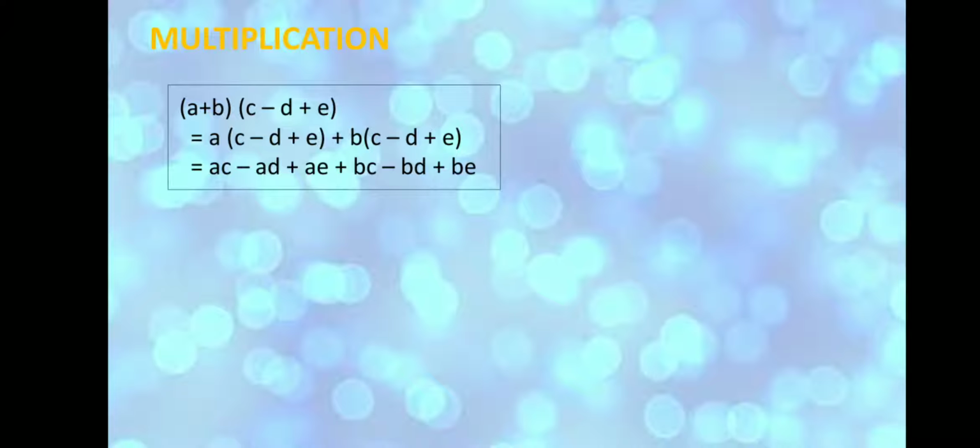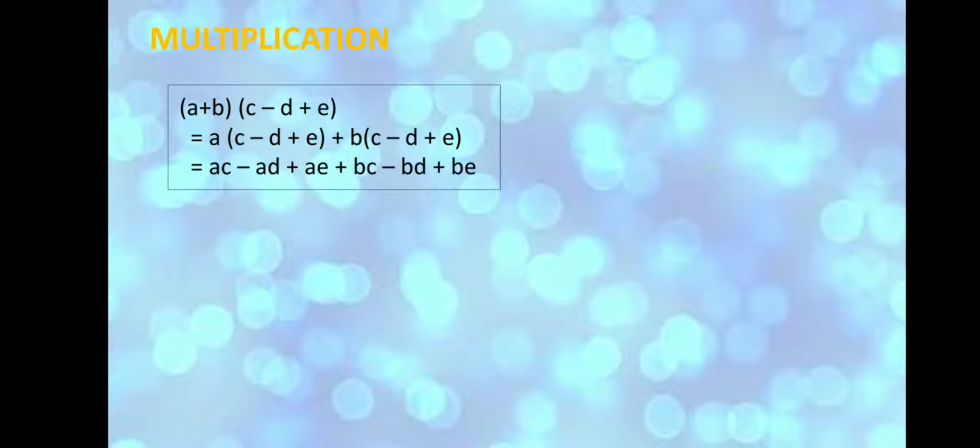And there is one more formula which you will apply in this multiplication, that is binomial into trinomial. So which is (a + b) into (c - d + e), in which you will multiply a and b with c minus d plus e.